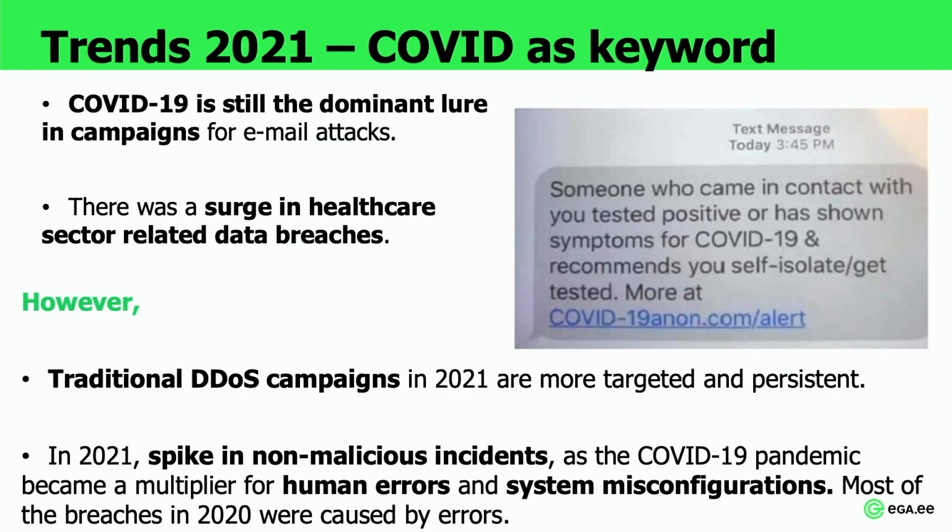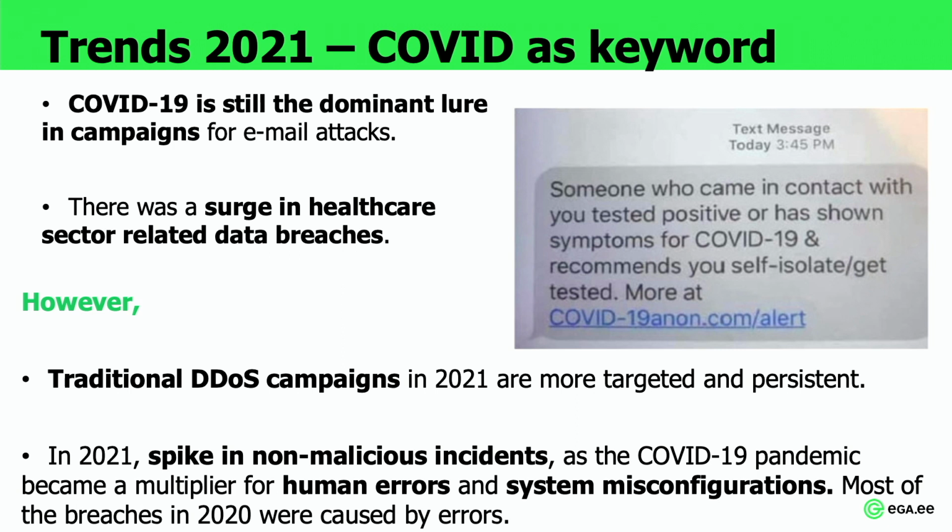Also, if you look at the trends in recent years, we can recognize that COVID has influenced cyberspace quite a lot. COVID-19 is still a dominant lure in campaigns for email attacks.